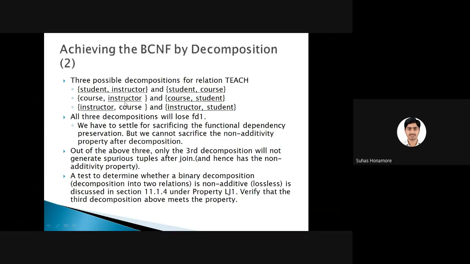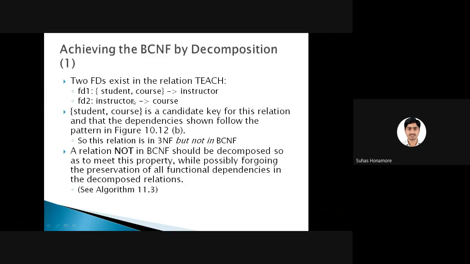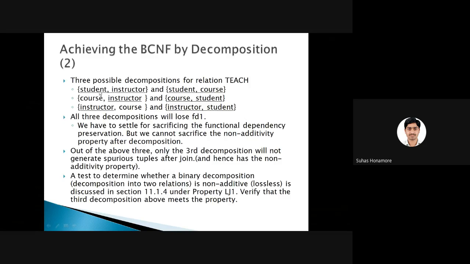So here what we will do is divide this one. Student, course and instructor, whatever we had, we have to divide into three tables: student and instructor, then course and instructor, and then student and course.